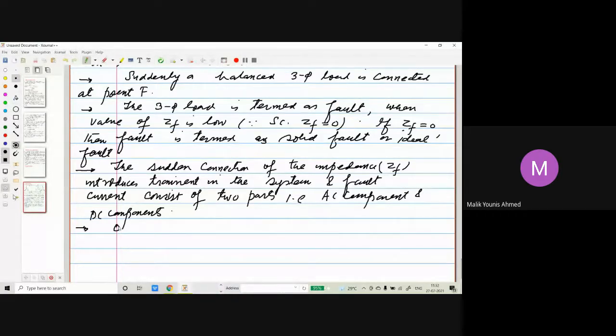So once we are analyzing the fault, once the impedance introduces a transient, as we have seen, there is a transient and then there is a steady state part. The current will have two parts, AC component and DC component.